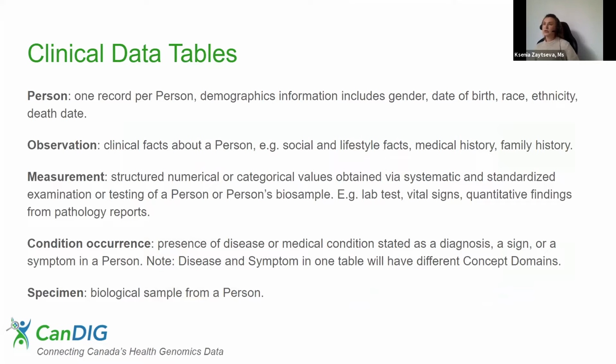This information usually will be obtained when a person comes to a medical facility, fills out a questionnaire, or has a discussion with a medical practitioner. The measurement table contains structured numerical and categorical values that are obtained by examination or testing of a person or a biosample. So laboratory test results, vital signs, findings from pathology reports, all will be recorded within the measurement table.